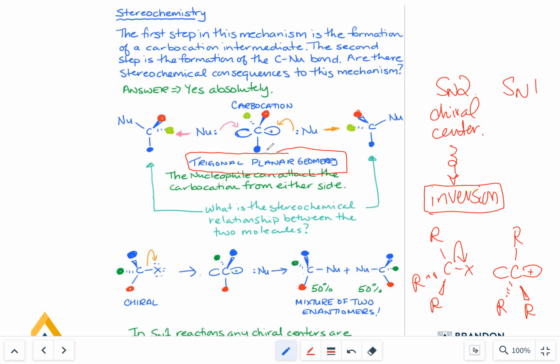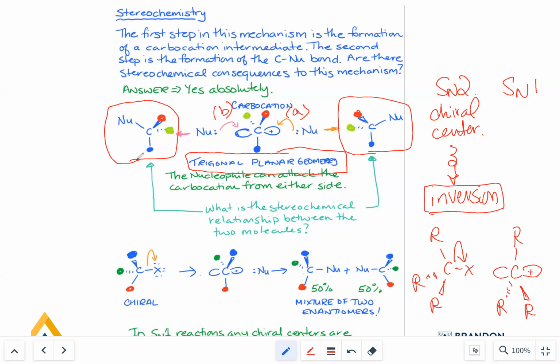And if you're a nucleophile, you can attack from side A or you can attack from side B. It'll be completely random. So statistically, you're going to get a 50-50 chance of going on either side. So the nucleophile can attack on either side, which means that if you had three different R groups attached to this carbon, you are going to have these two molecules as your products.